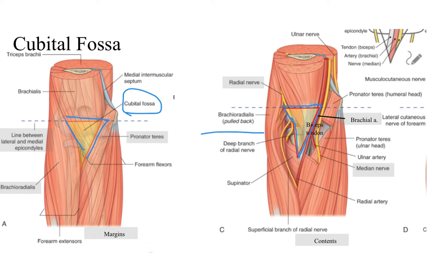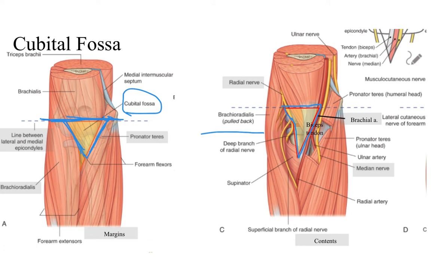Its boundaries are a line between the lateral and medial condyles. There's an imaginary line right between them that forms the superior border. The medial border would be the pronator teres. The lateral border would be the brachioradialis right here, and that would round out your triangle.